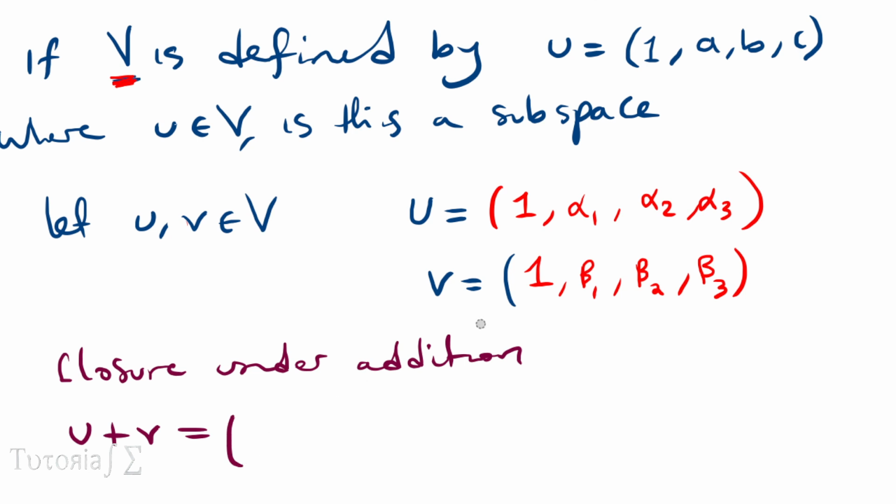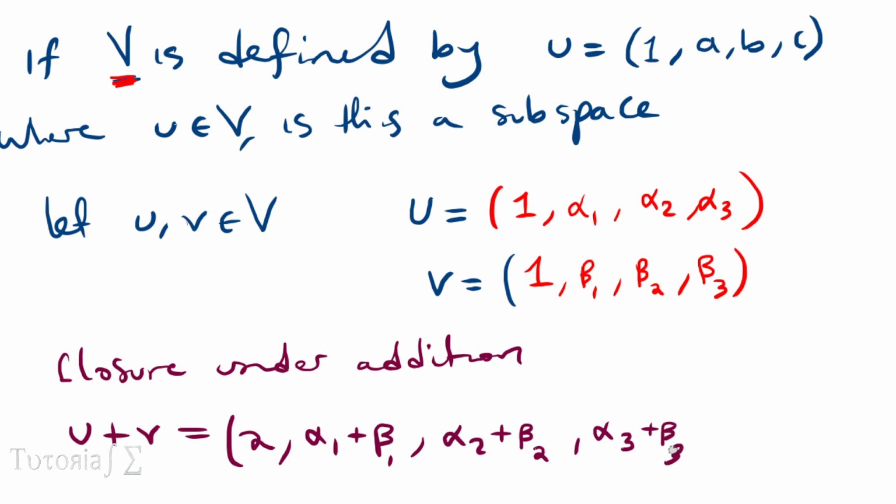We add according to the entries. So when we add 1 plus 1, what are we going to have? This is 2. Then alpha 1 plus beta 1, then alpha 2 plus beta 2, then alpha 3 plus beta 3.